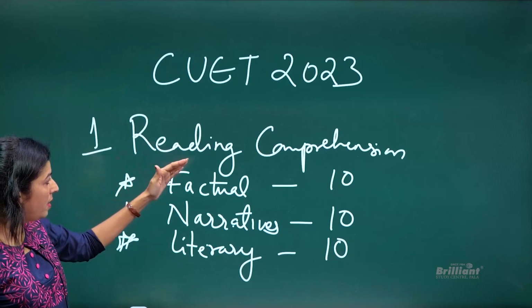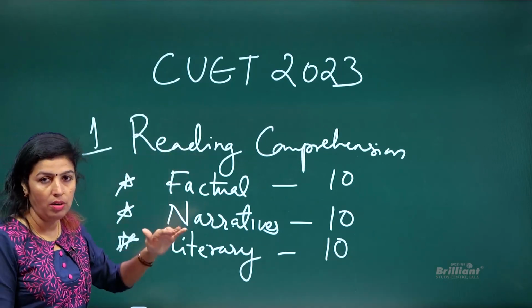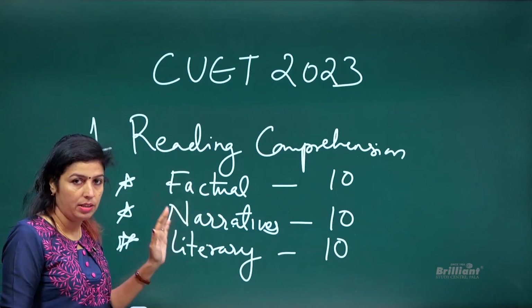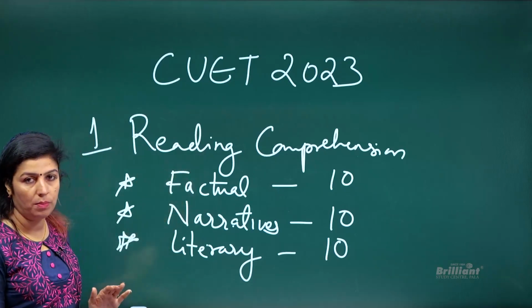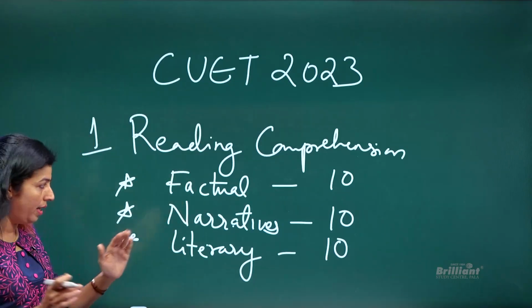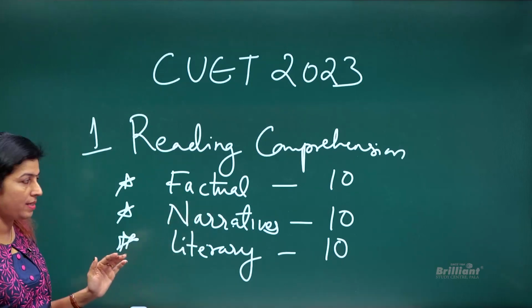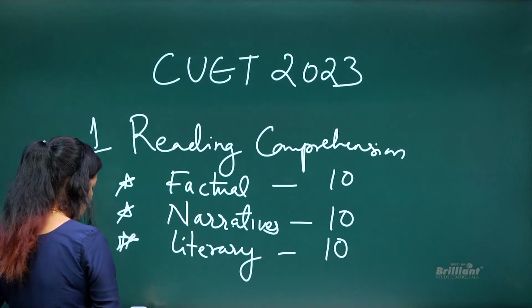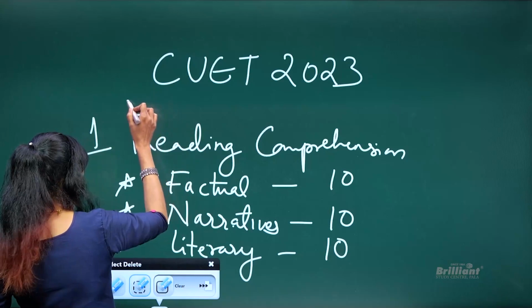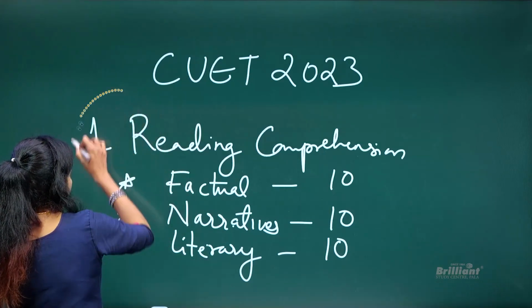So this was the first item in your English syllabus, reading comprehension. Please note that more weightage is given to it, so you cannot skip many questions. This is the first type of question that you will be getting.